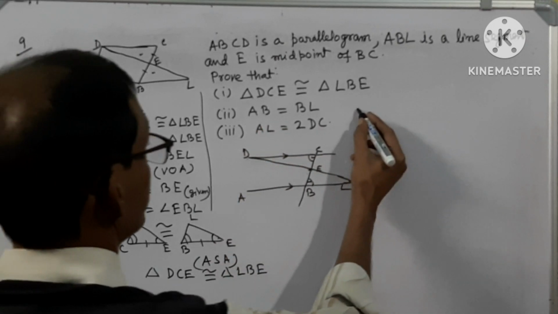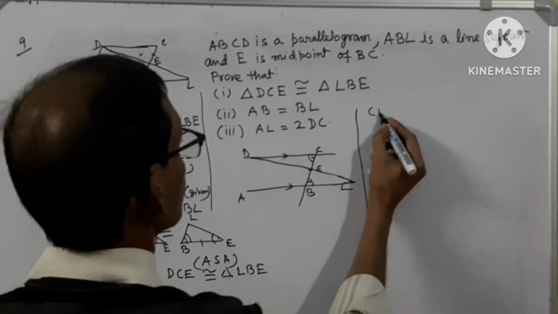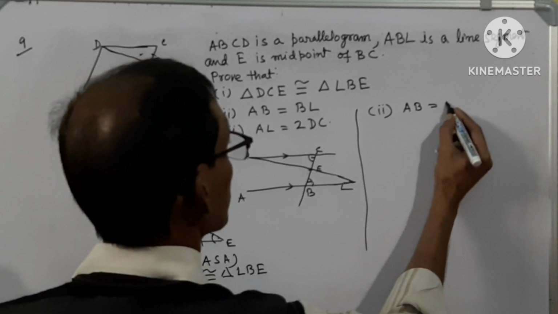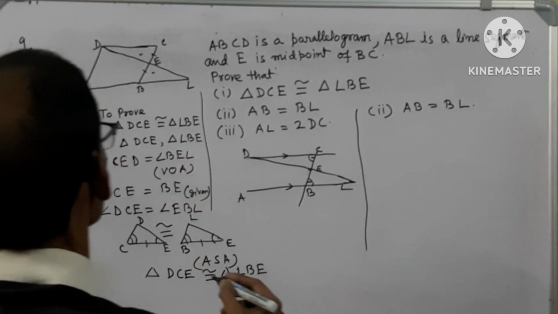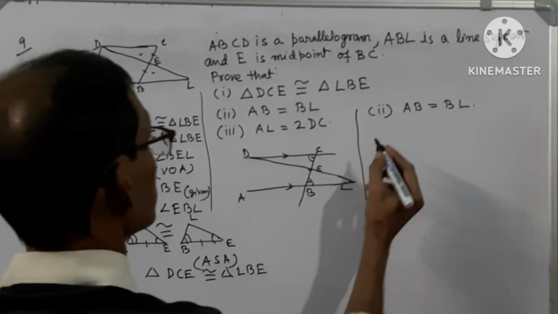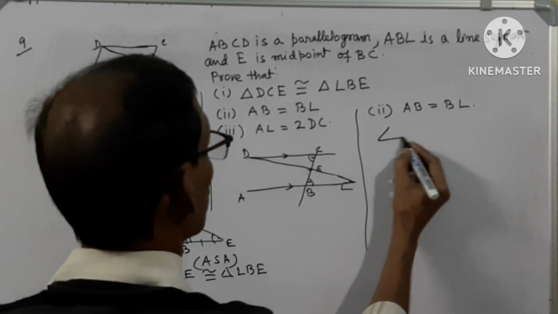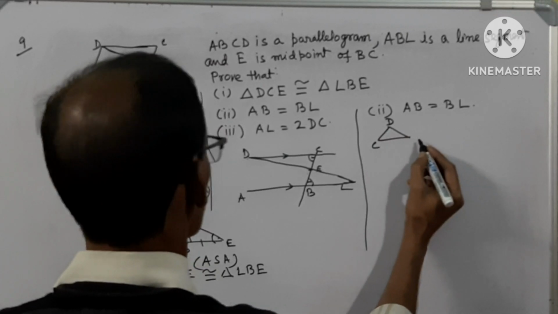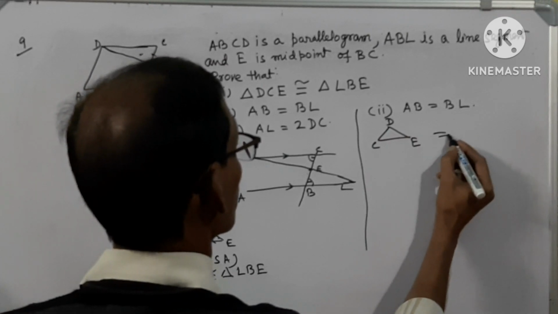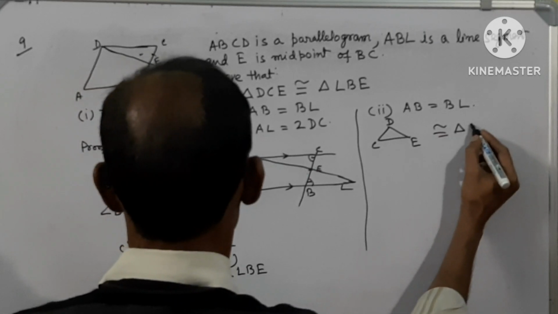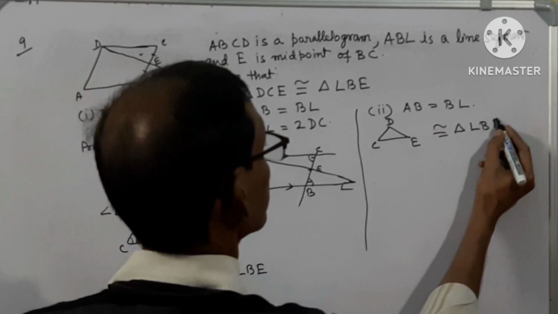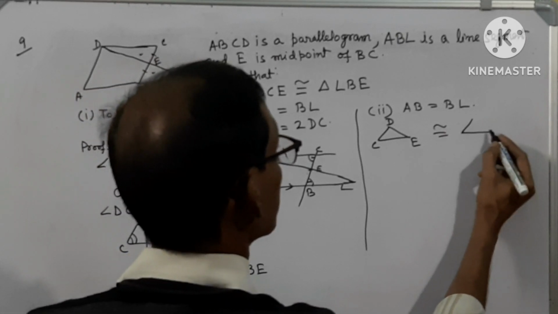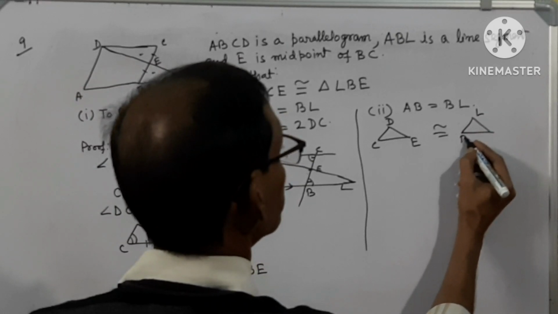Now second, we have to prove AB equal to BL. Just now we have proved triangle DCE congruent to triangle LBE.